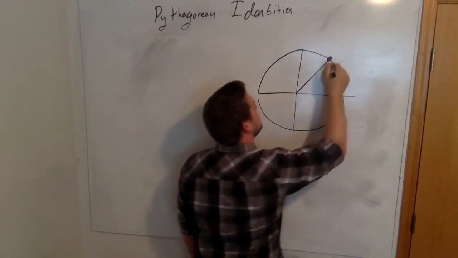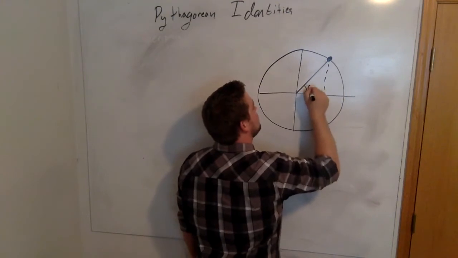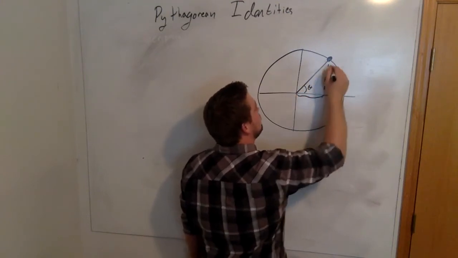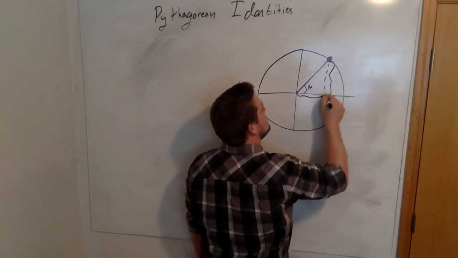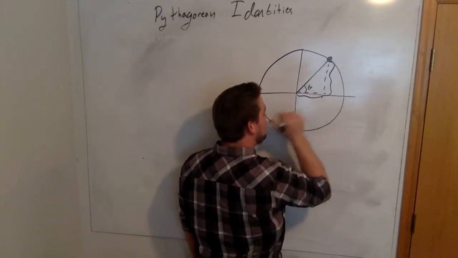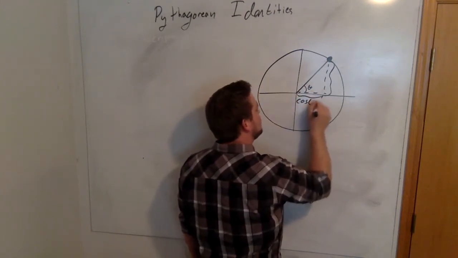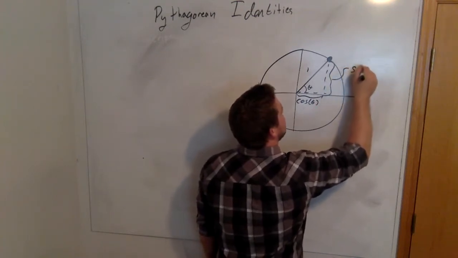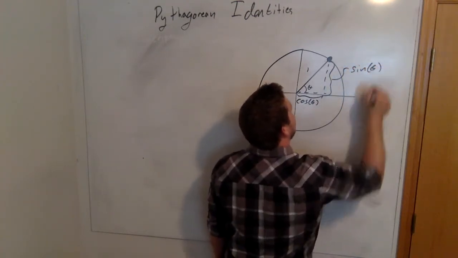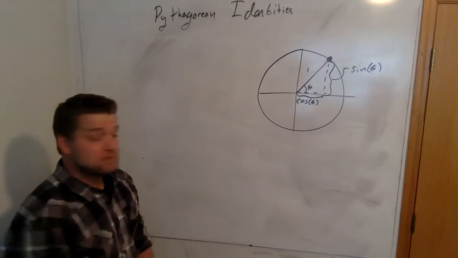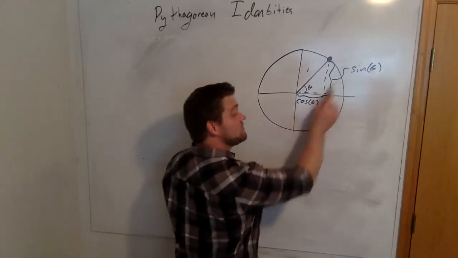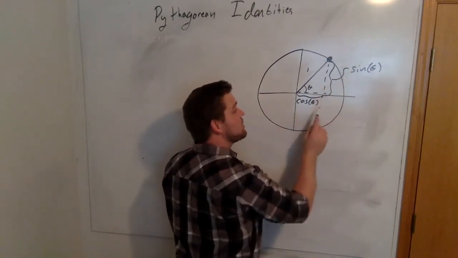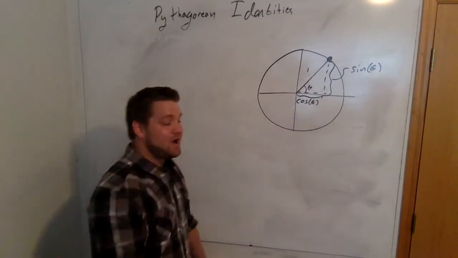So if we're right here, we rotate an angle theta, we just learned that the x-coordinate on the unit circle is the same thing as cosine of theta, this is 1, and the y-coordinate is the same as sine of theta. So if we use the Pythagorean theorem, the sum of the squares of the legs of a right triangle is equivalent to the square of the hypotenuse.